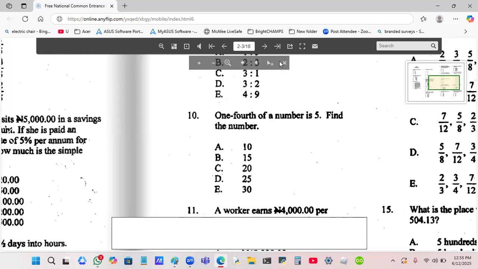Multiply both sides by 4 because you are trying to find n. And the only way you can find n is to make it stand alone by multiplying both sides by 4. Why didn't we multiply by another number?